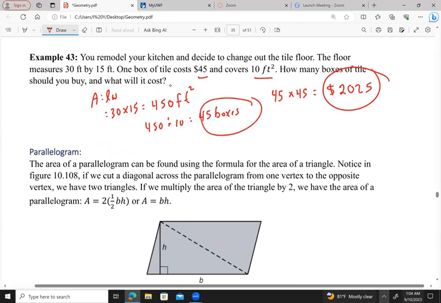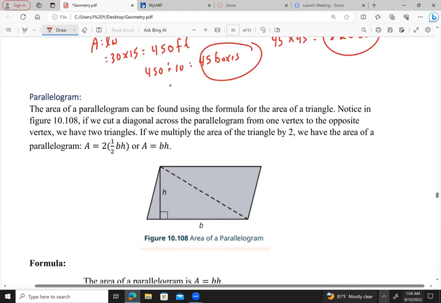A parallelogram: the area of a parallelogram can be found using the formula for the area of a triangle. And we have our figure here. If we cut a diagonal across the parallelogram from one vertex to the opposite vertex, we have two triangles.